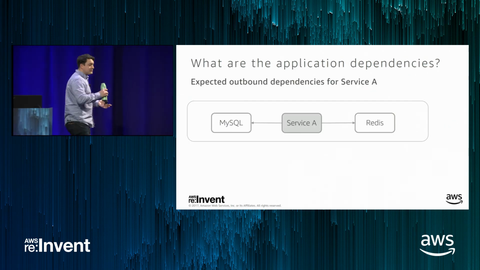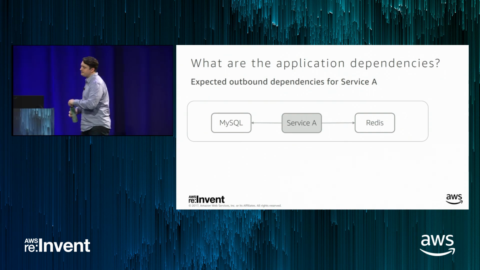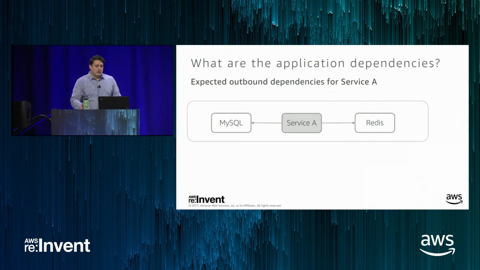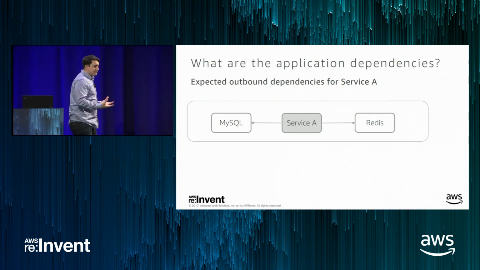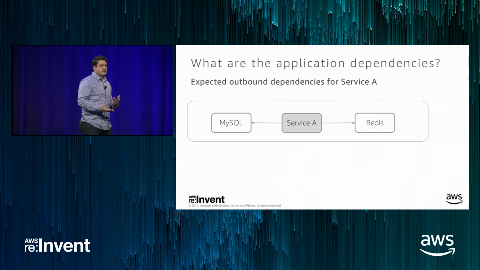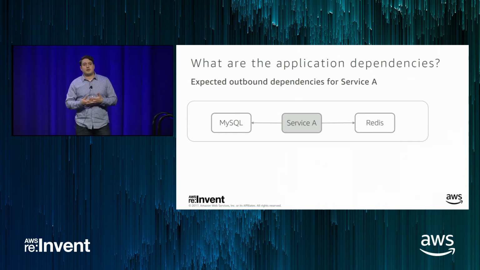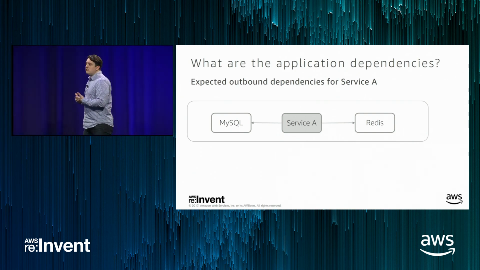So changing use cases a little bit. A similar example is service dependencies, especially into and out of a VPC. You might have a service that's housed in a VPC that's interacting with a MySQL database outside of it or a Redis cluster outside of it. What are the expected dependencies associated with that service?